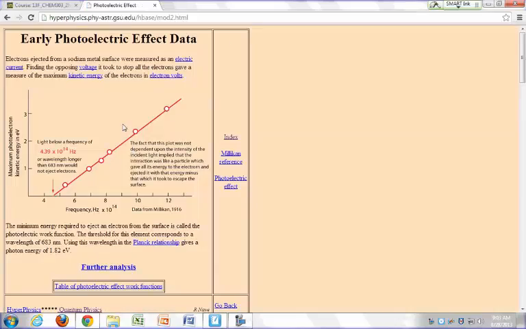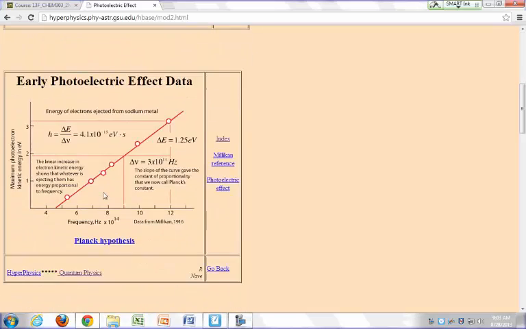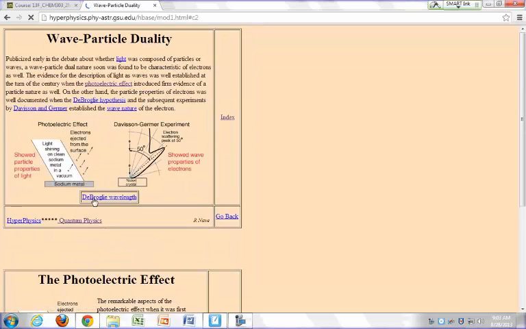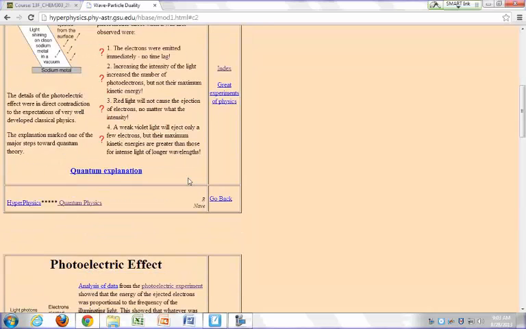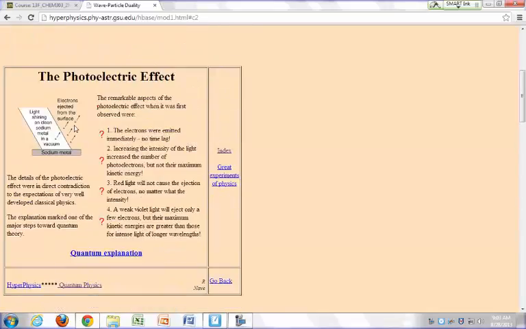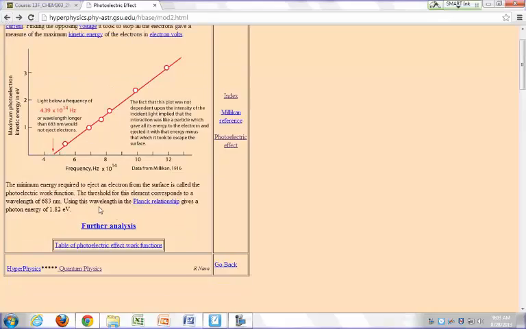There's the data for, which one is this? Sodium, I think. Yeah, this is for sodium. These are examples, and you should be able to find the description of the photoelectric effect and some literature values here for the work functions.